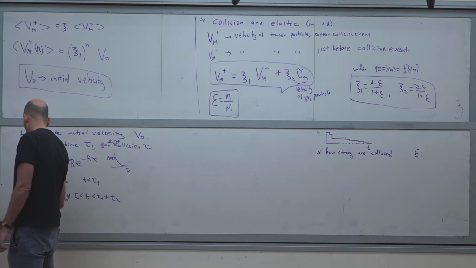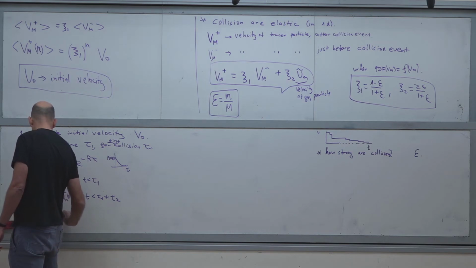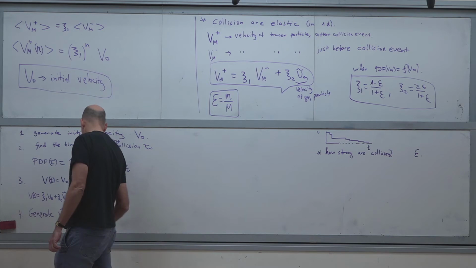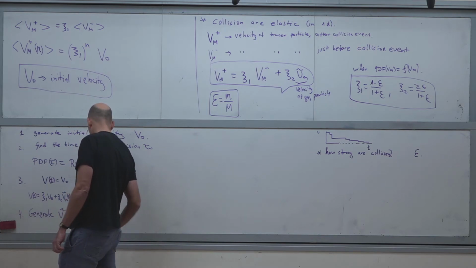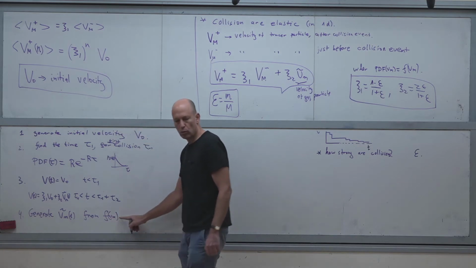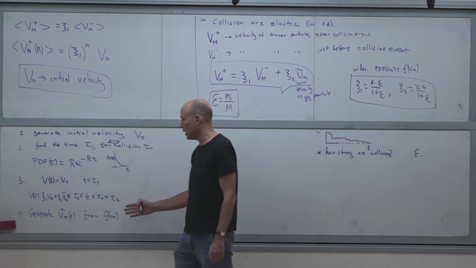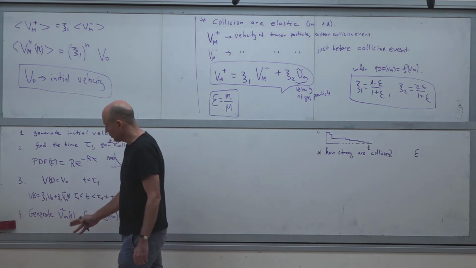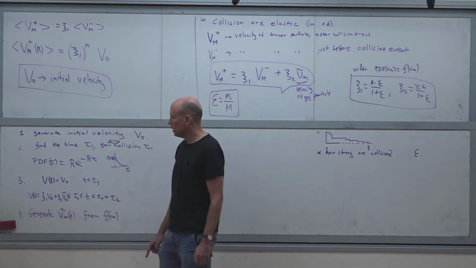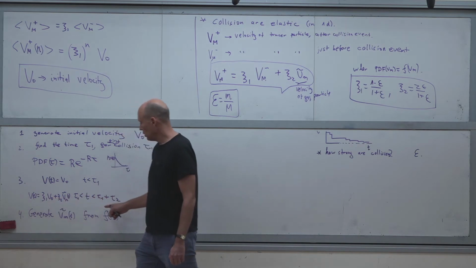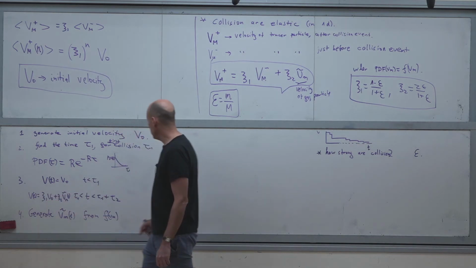And what is Vm? So now we need to generate Vm1 from Fvm. This is part of the model, you know this distribution. Again, maybe this is Maxwellian. You generate this random number, and now you know the velocity of the particle.